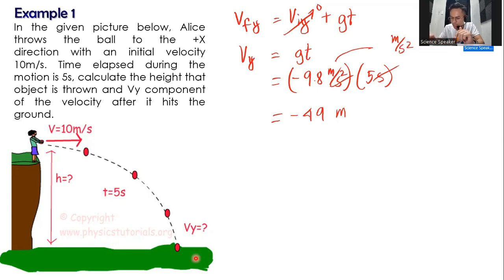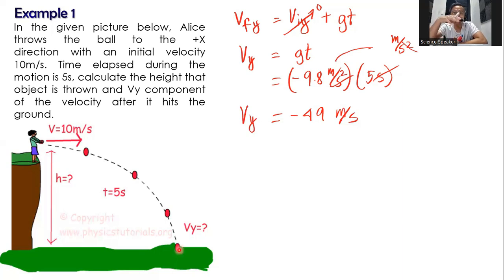One second cancels out with one of the squared seconds, so you still have the unit meters per second. This is now the y component of the velocity after it hits the ground. The value there is negative 49 meters per second.